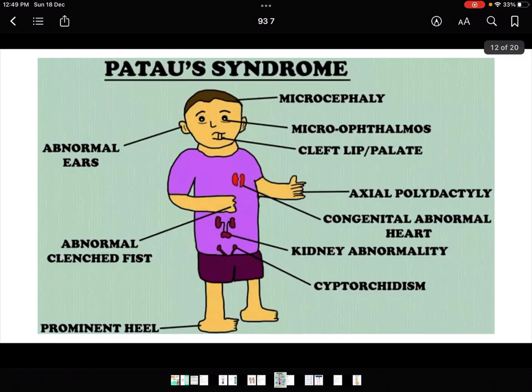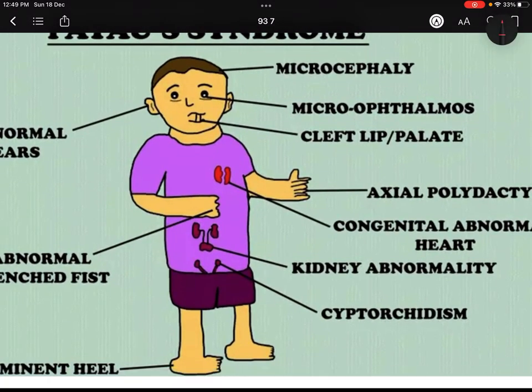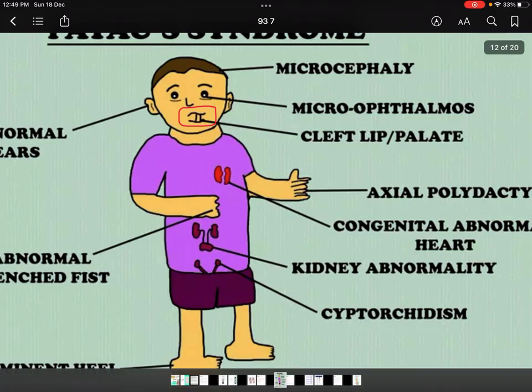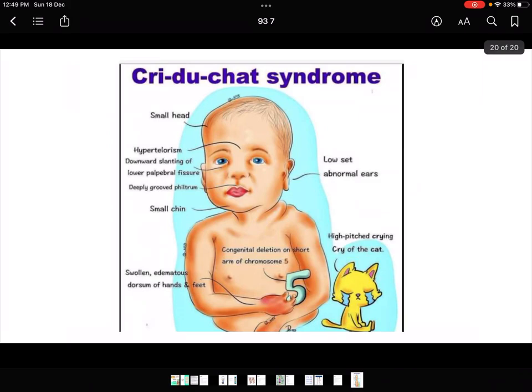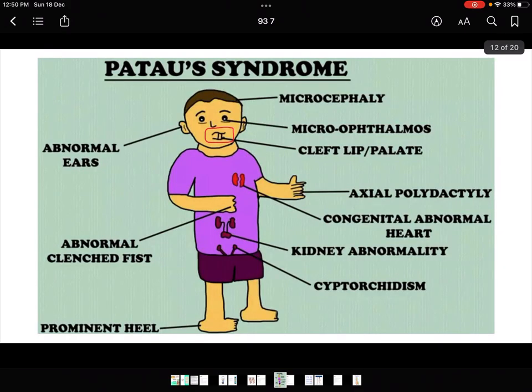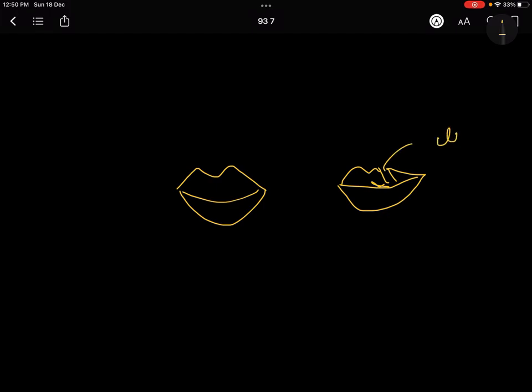ठीक है? Now just look at this picture. This is what the cleft lip looks like. That means the whole lip, that is broken, and it goes back up till your inside part. Let me see if there is any other picture. Okay, if I have to draw I'll just show you. If a normal lip looks like something like this, right, the cleft will be a broken lip. ठीक है? It will look something like this. So there is a gap.